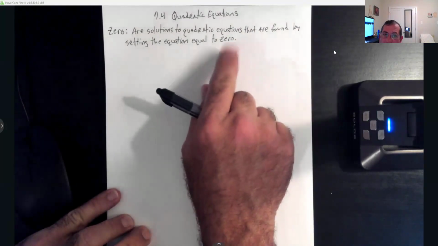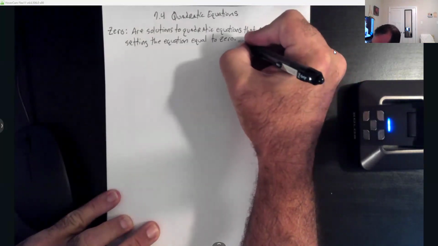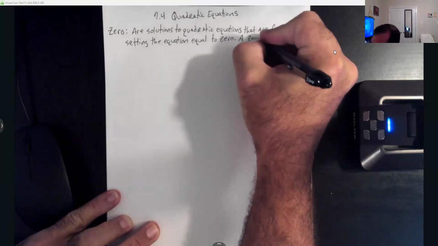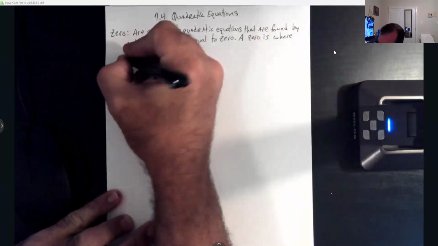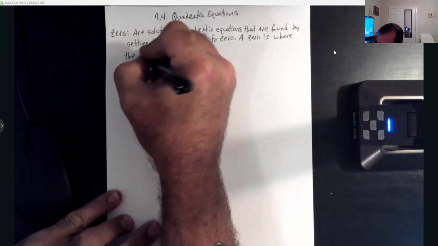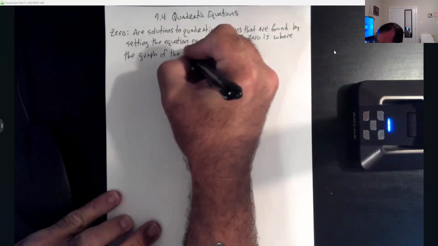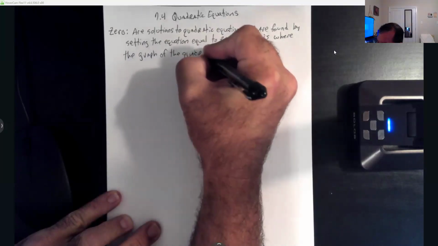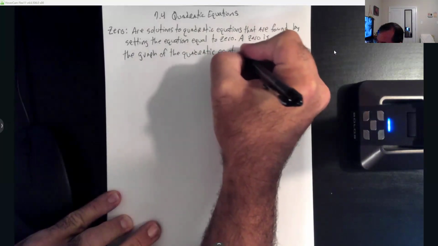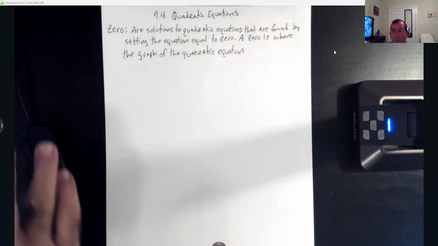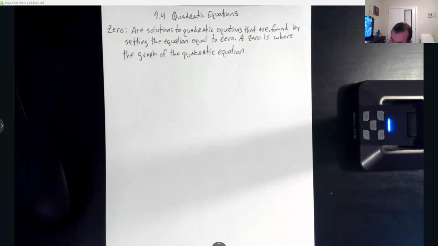Also, y'all, a zero is where the graph of the quadratic equation crosses over the x-axis.